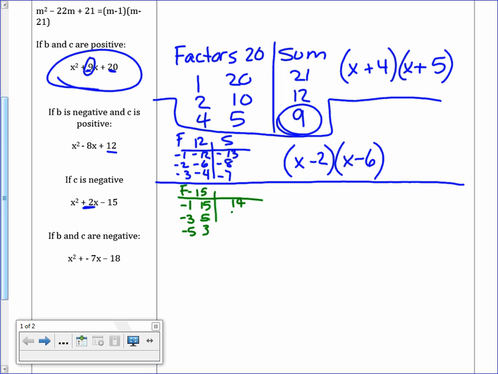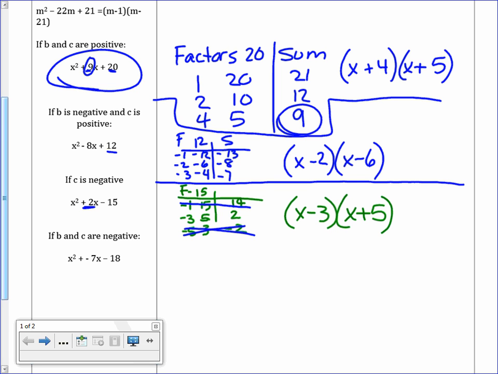Negative 3 plus 5 is positive 2, but a negative 5 plus 3 is a negative 2. So we want to make sure that we attach the correct value to the right constant in the binomial. It cannot be negative 5 and 3, obviously that's not going to work. So we would have to say x minus 3 and x plus 5.